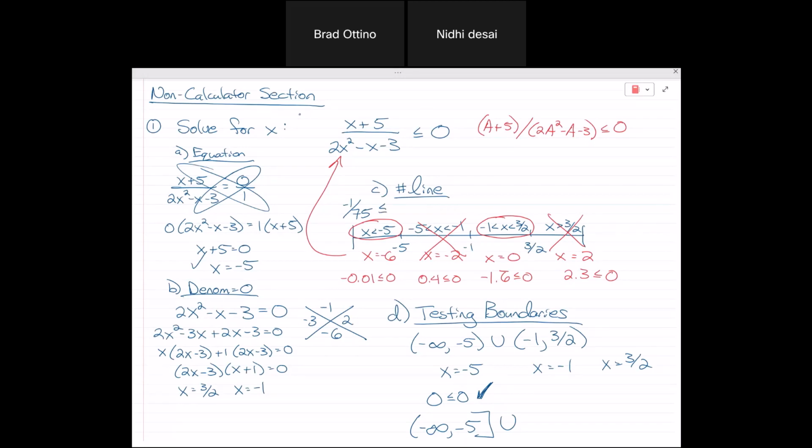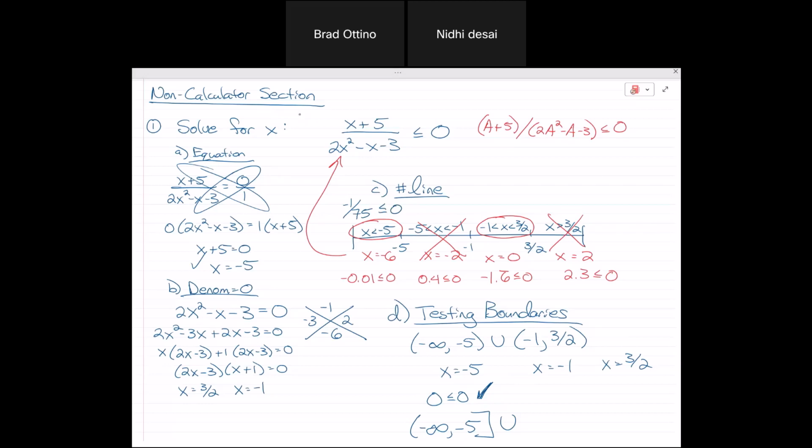So even without a calculator, negative 1 over 75, is that less than 0? Yeah, right? So we could still do it without a calculator. But that is a good point. This is the non-calculator section, so you wouldn't be able to store it.